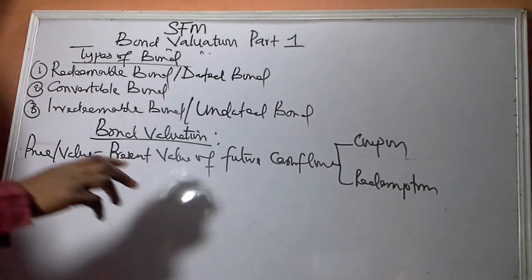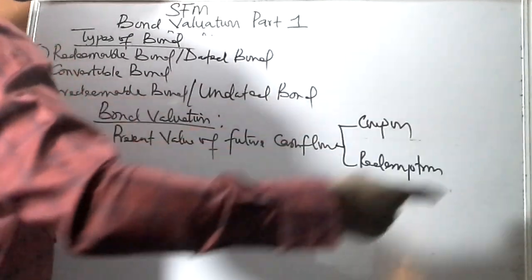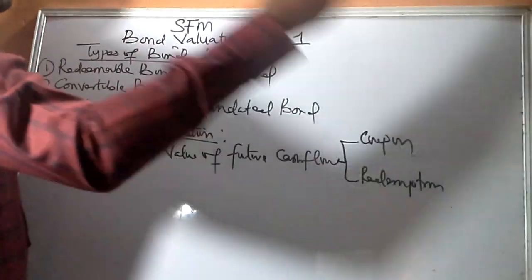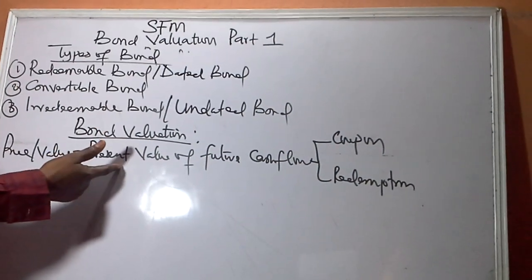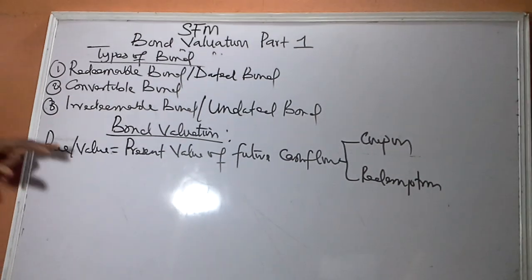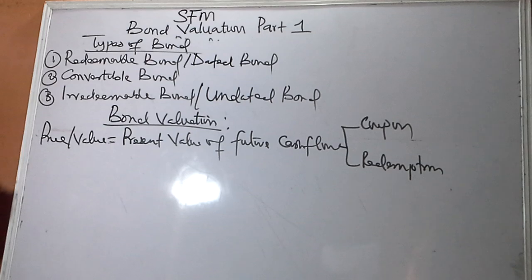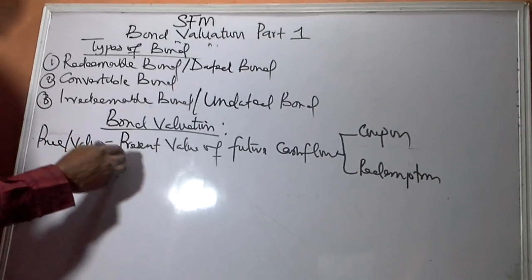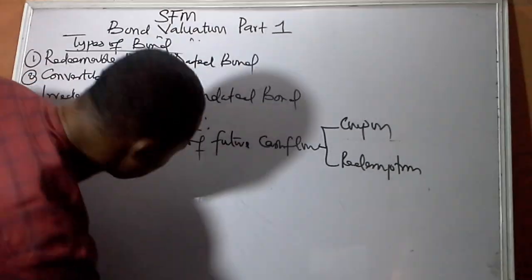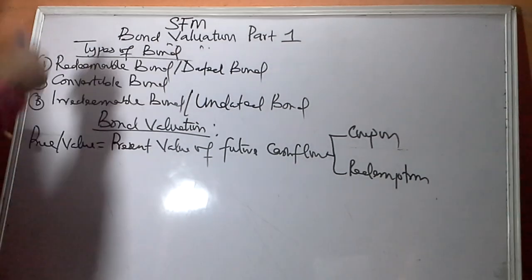Now, when you get the 2 cash flows, all the coupons that the bondholder will get throughout the life of the bond with the redemption value, then bring them to present value. They will be discounted to get the price or the value of a bond. And to discount the cash flows, it is through yield to maturity. That is, the cash flows of the bond will be discounted at what?